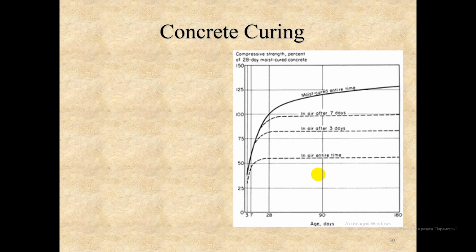Concrete hardening occurs as a result of the hydration reaction, and for cement to hydrate, water must be present. If concrete is taken at an early age and dried in an oven, the strength development is arrested.